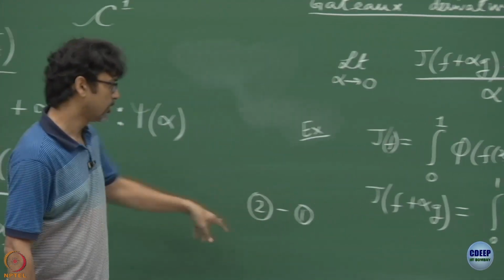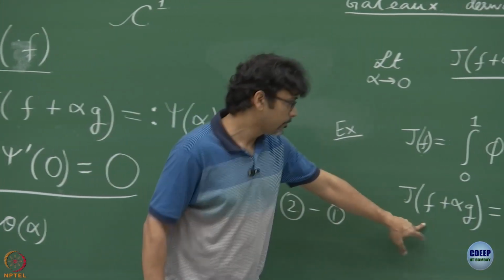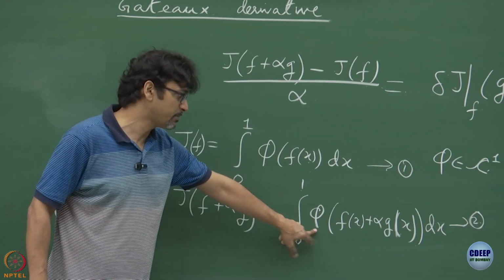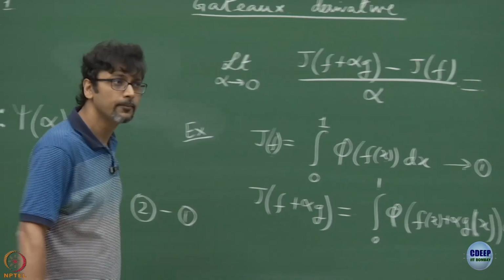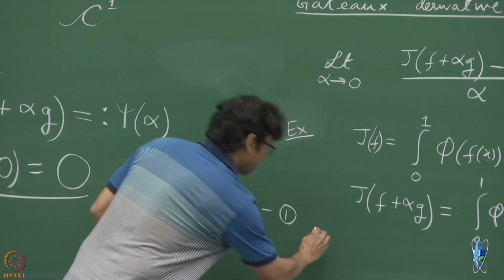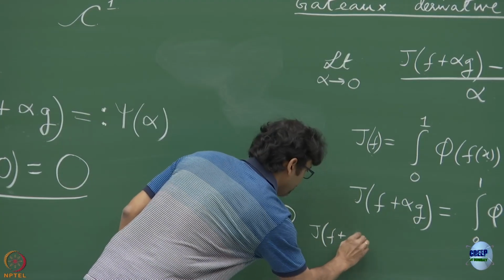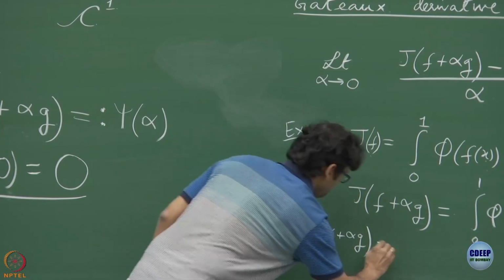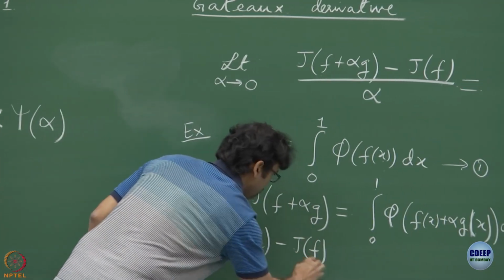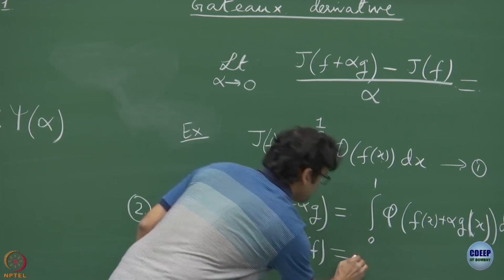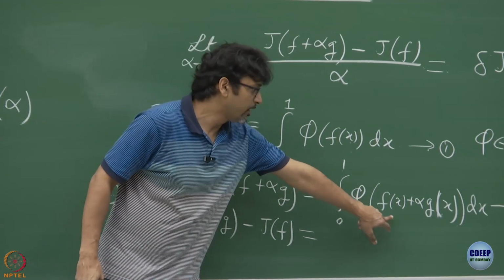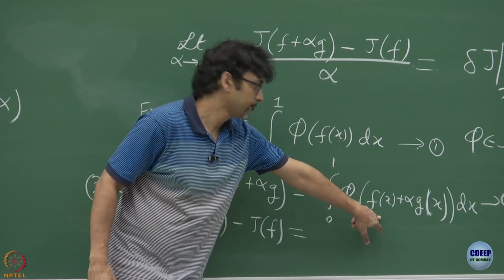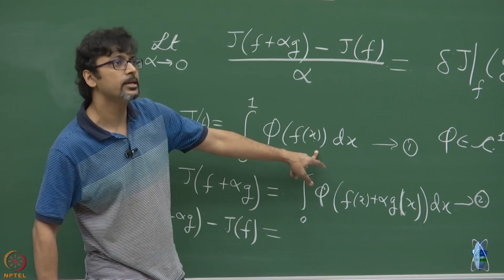Now if you take 2 minus 1, because phi is continuously differentiable, you can expand this in the Taylor series up to the first term. What would it be? J of f plus alpha g minus j of f is equal to phi of f, but that will get taken out by this, right?